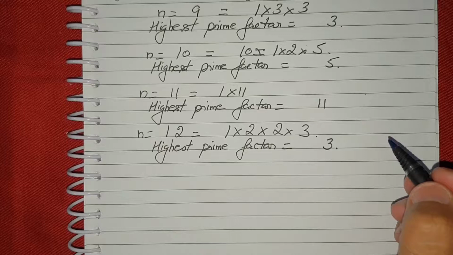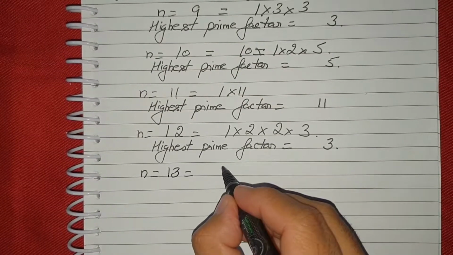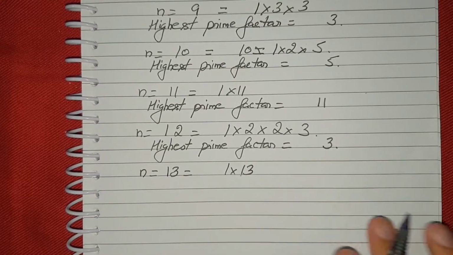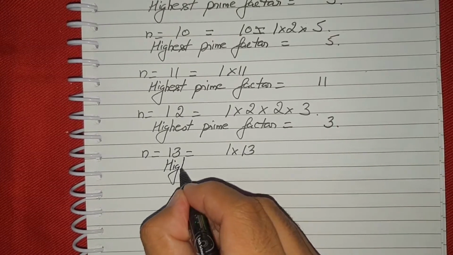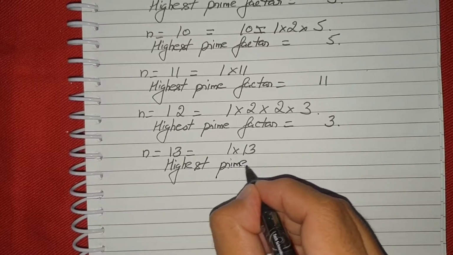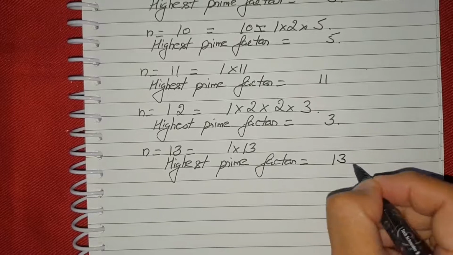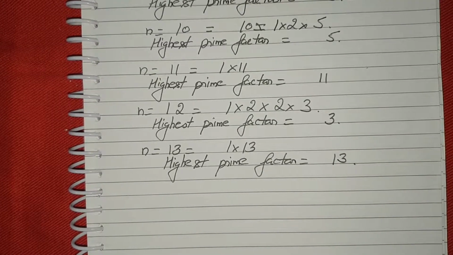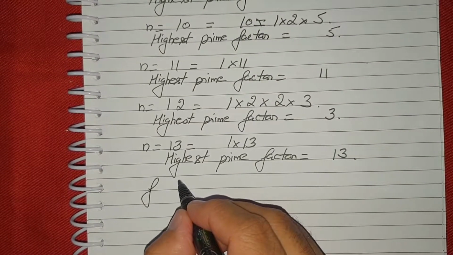Now for n equals 13, because it's a prime number, it's 1 into 13. So the highest prime factor is 13 only.